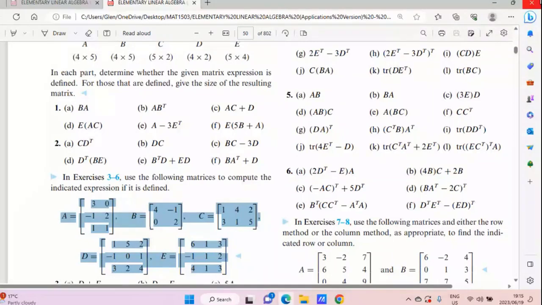Hello, Lorado. Question 6D. Yes, the transpose is of A only, not of BA.